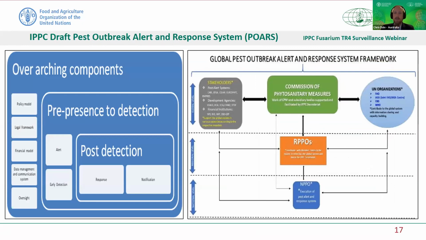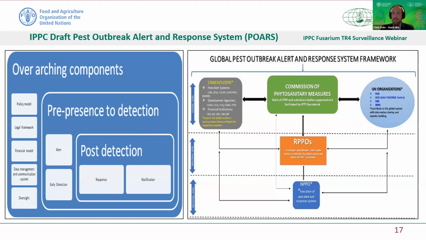Importantly, as both Camillo and the IPPC Secretary pointed out, there's a lot of really good work that's happening through the IPPC, through the Implementation Committee and the Secretariat on the development of a global pest outbreak and alert response system. So critical to these systems are effective early warning and early detection surveillance programs and the reporting that feeds into that.